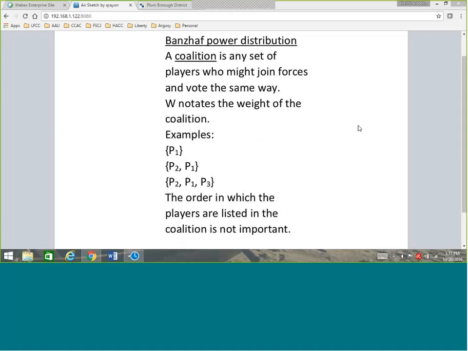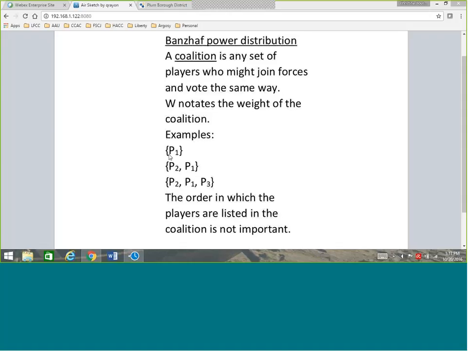So a coalition, when we're looking at the Banzhaf power distribution, is any set of players who might join forces to vote the same way. How we write this is with curly braces, and the players listed in the coalition have a comma between them. So it looks like this.